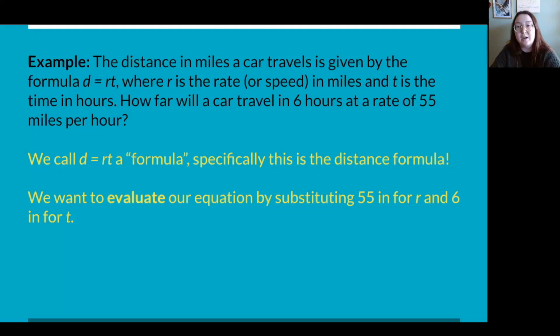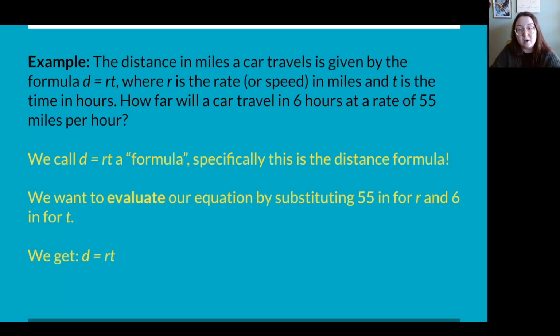So we're told that r is the rate or speed in miles and t is the time in hours. And so if it's 55 miles per hour, that is the rate, and the time is the 6 hours. So by evaluating our equation, it means we're going to replace our variables. So we're going to replace r with 55, and we're going to replace t with 6.